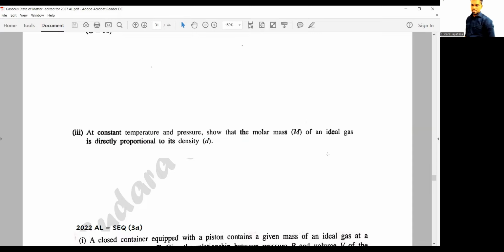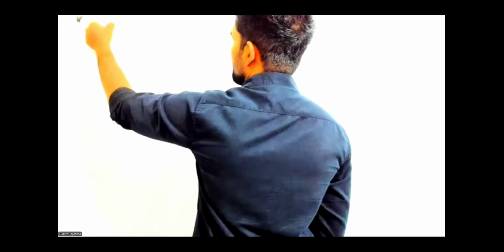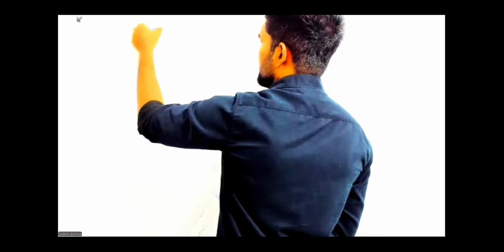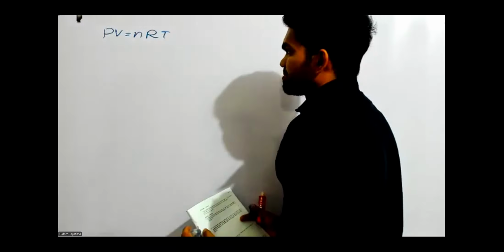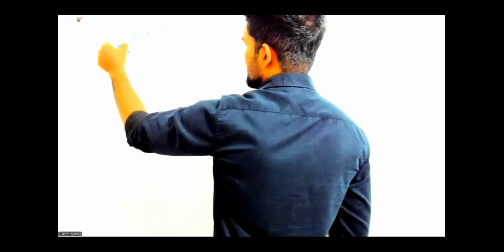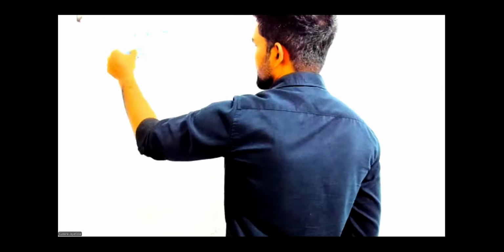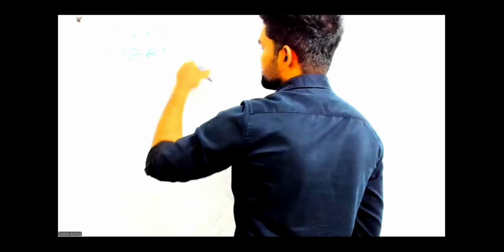Right, so again, you can start with PV equal nRT. Here they are telling constant temperature and pressure. Then you can write PV equals small m over capital M RT.